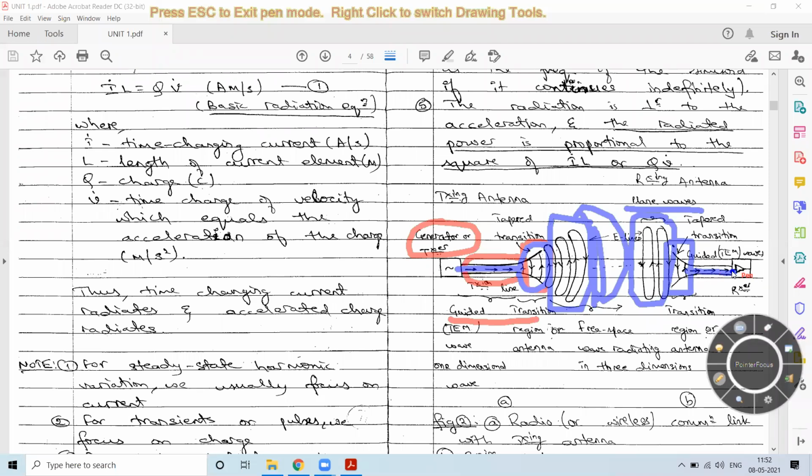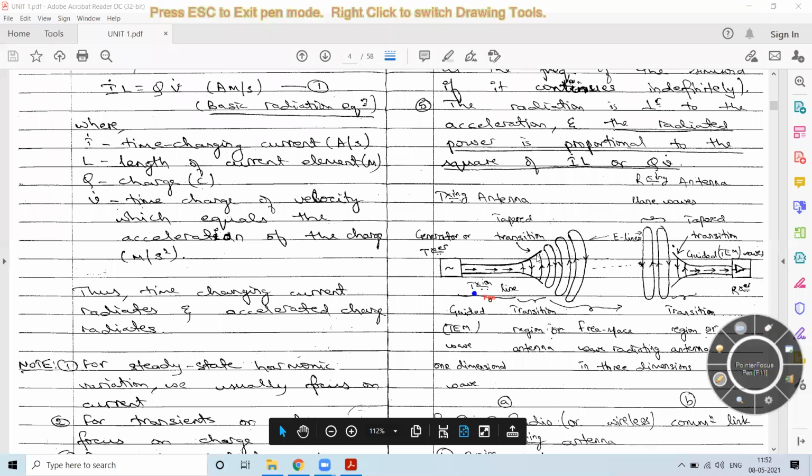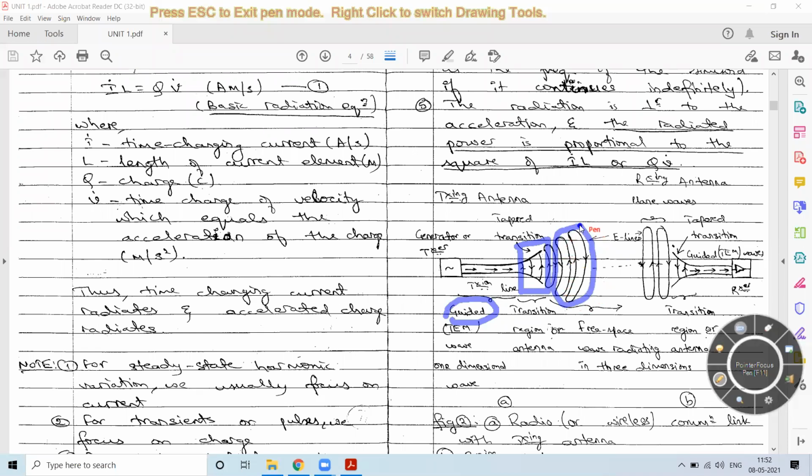Now, if you look at this antenna structure, this antenna is converting guided waves to spherical waves.